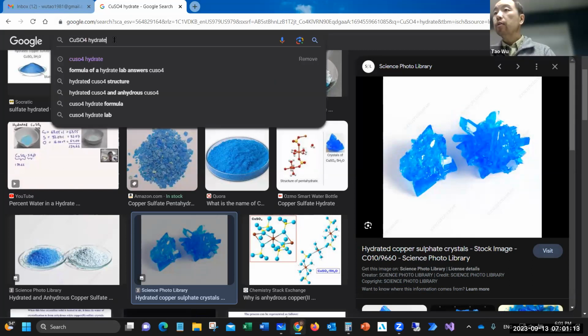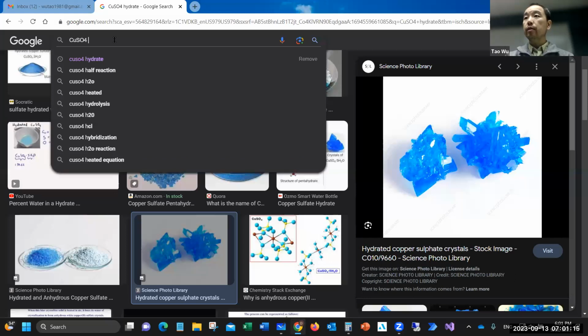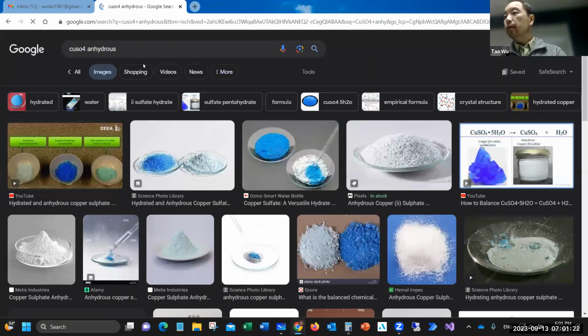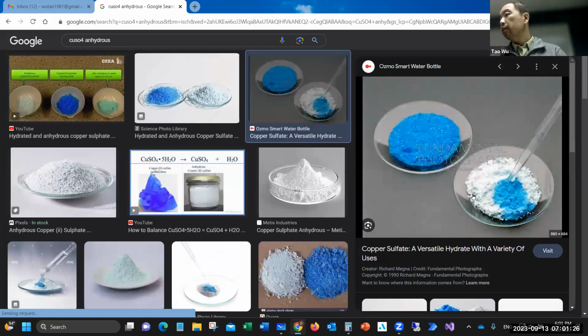But if you're just looking at the anhydrous, it is a white color and just a powder. But if you add water there, then they're going to become this. Okay, yeah. So this is quite different. Anhydrous usually is a powder.